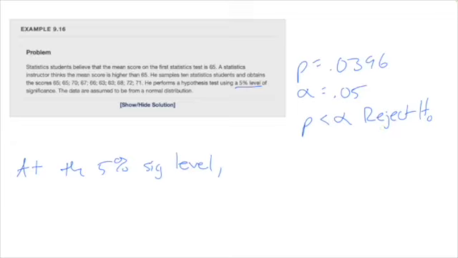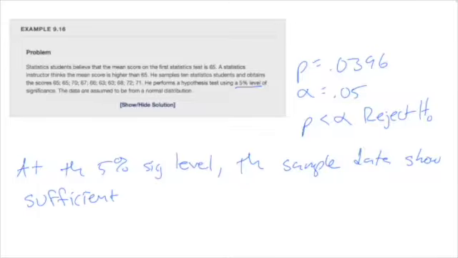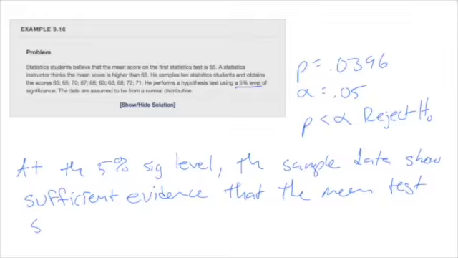We can say the sample data shows sufficient evidence that the mean test score is more than 65. Because remember, our null was that it was equal to 65 or less than or equal to 65, and we're saying that absolutely has to be false. So thus that means we have sufficient evidence that the mean score is more than 65.